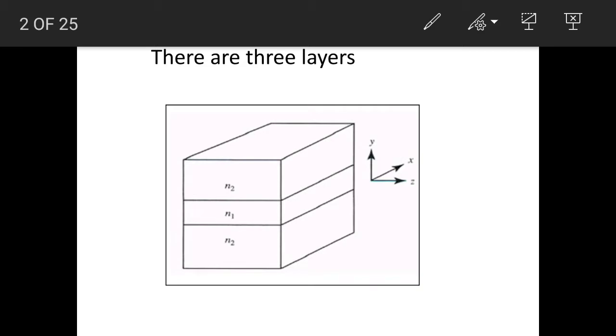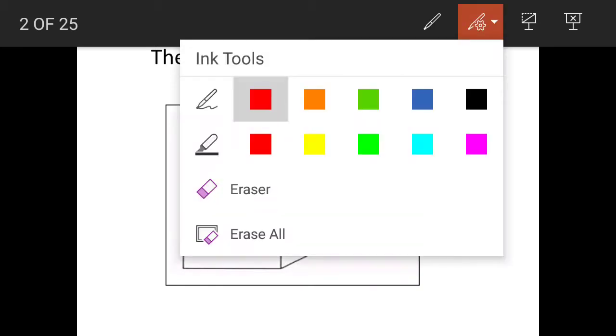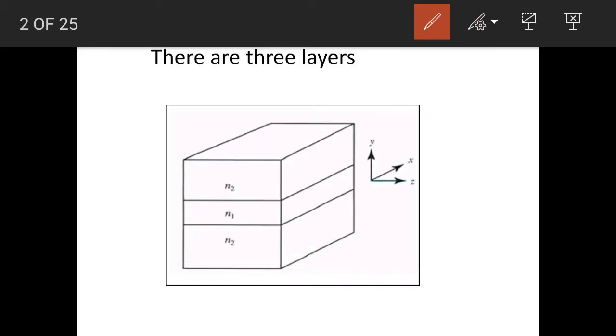So there are three layers in our dielectric slab waveguide. The refractive index of the central layer is N1, and the central layer is known as film.